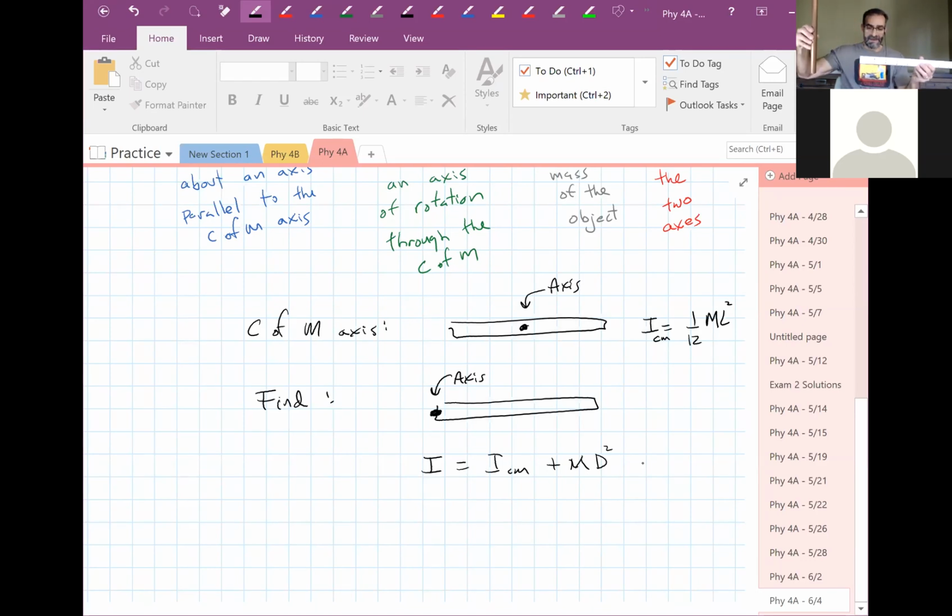Or I could use it to find the rotational inertia about an axis out here, because this axis is parallel to the one that goes through the center of mass. Any axis parallel to the one through the center of mass, I can use this theorem to find. Does it work on a three-dimensional object like a sphere? Yes, it does.